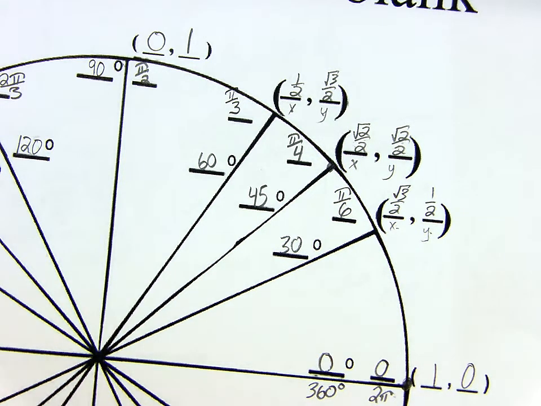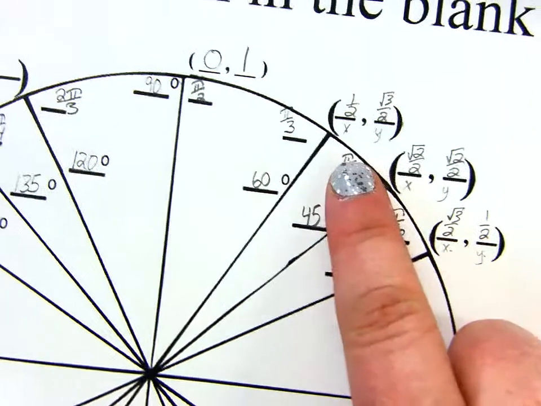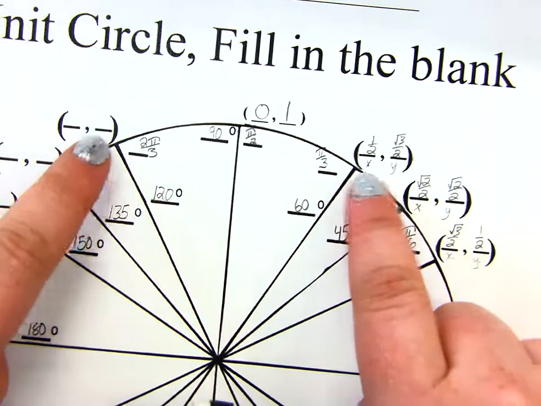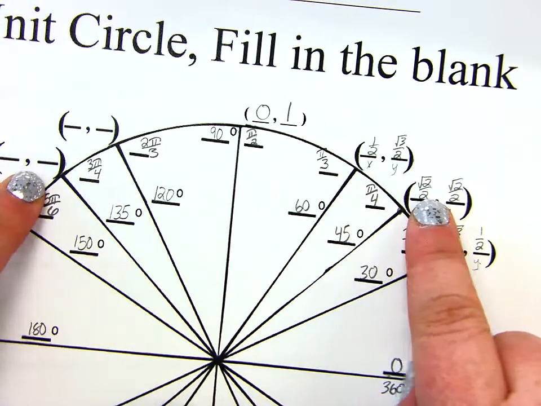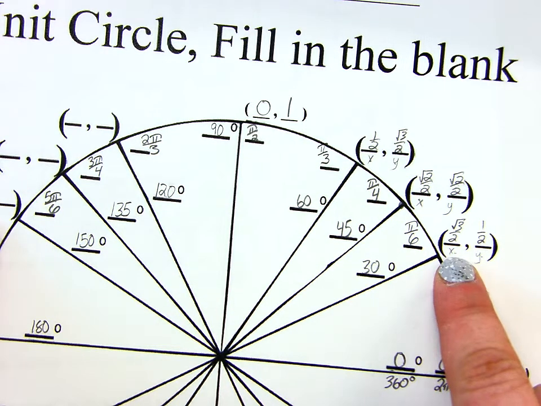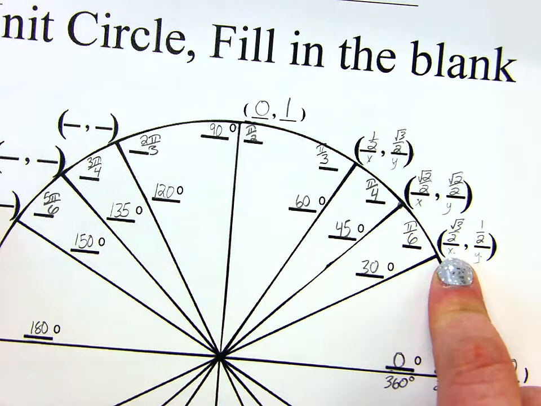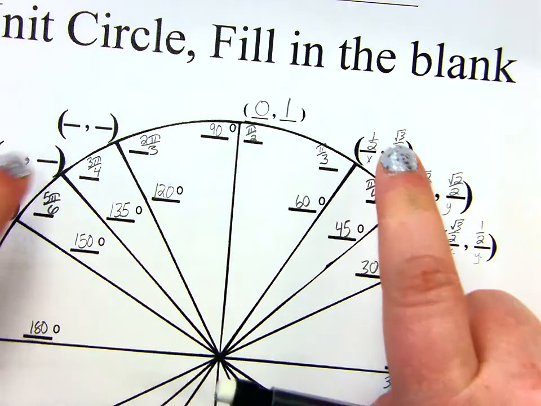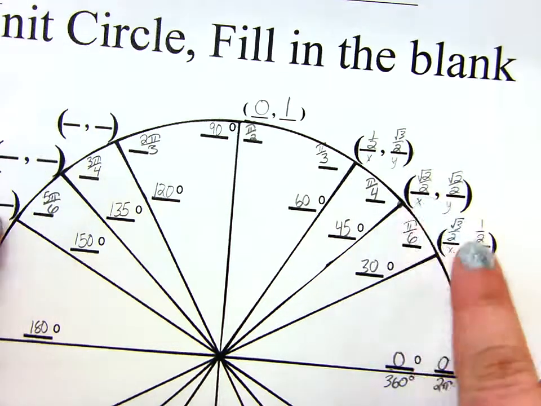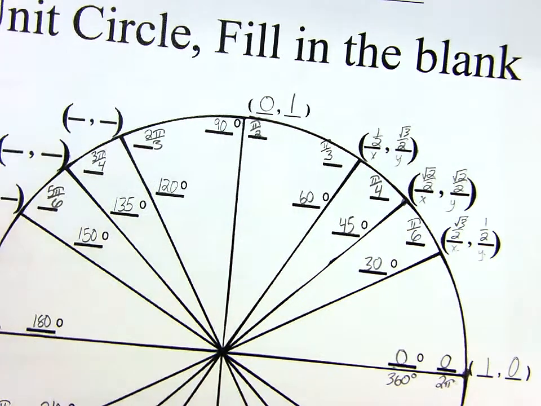Now, all these other ones are just reflections of these. So, in other words, these two are going to match up. These two are going to match up. These two are going to match up. The only thing you have to do is adjust the sign. Since I'm in the second quadrant, all of my x values will be negative. But these are the same. You just make all the x's negative.